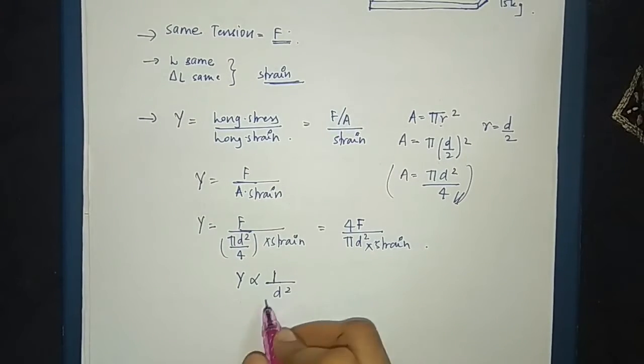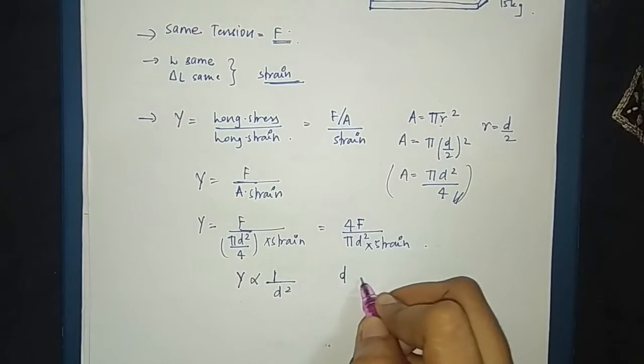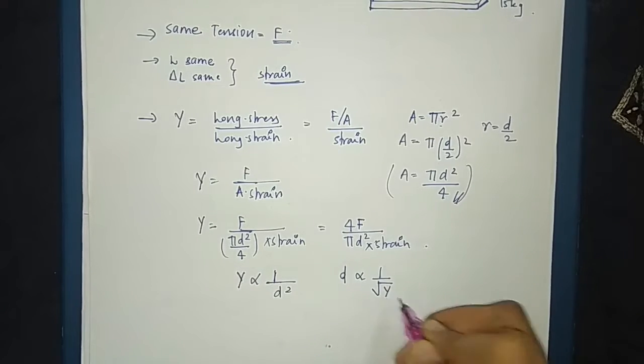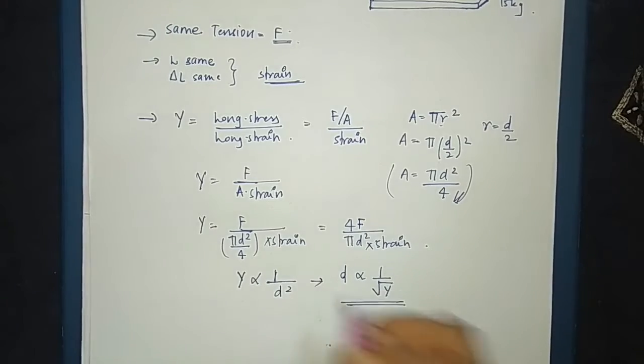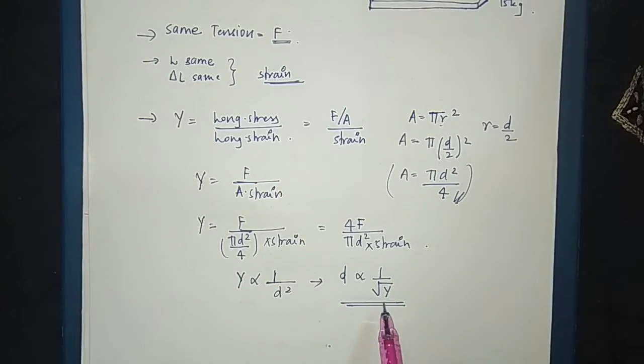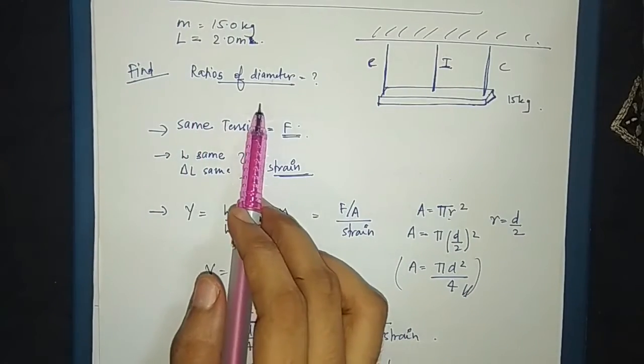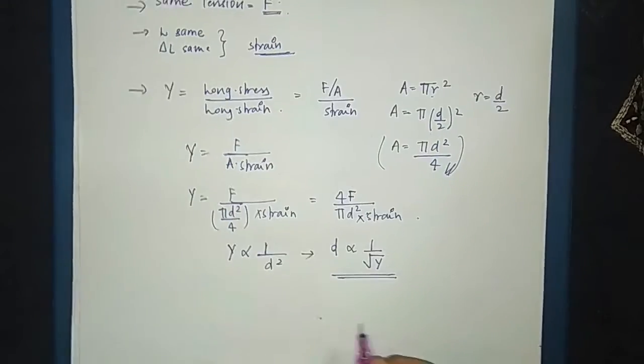Rearranging again, diameter is inversely proportional to root of Young's modulus. That is the relation between the diameter and the Young's modulus. Now we have to calculate the ratio of diameters.